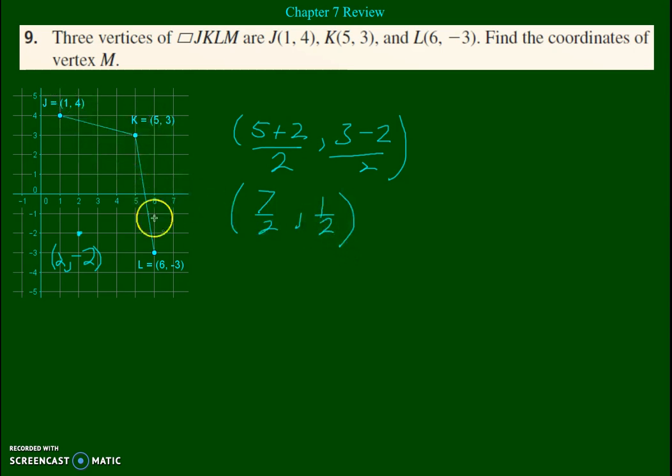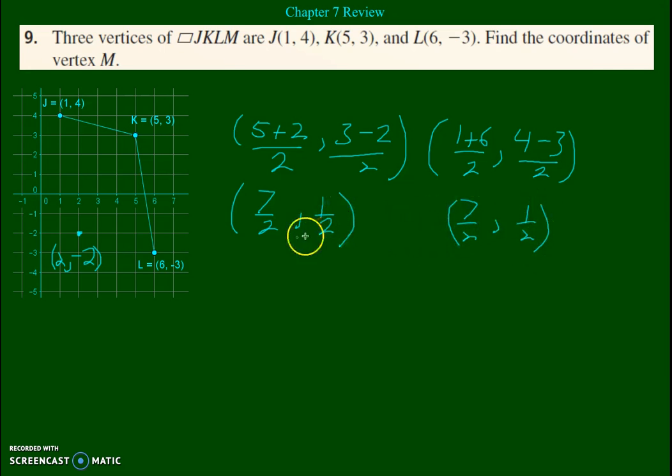Now let's do the same thing for JL. So we have 1 plus 6 over 2 and 4 plus a negative 3, so 4 minus 3, over 2, which is 7 halves and 1/2. And in fact, they're the same point. So yes, our coordinate of point M is 2, negative 2. And now on to problem 10.